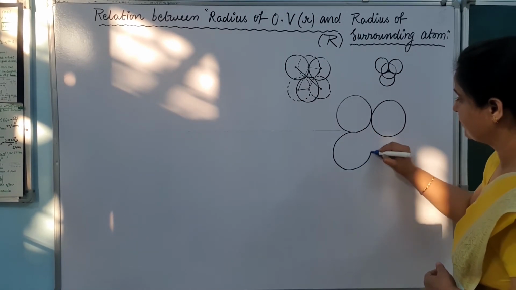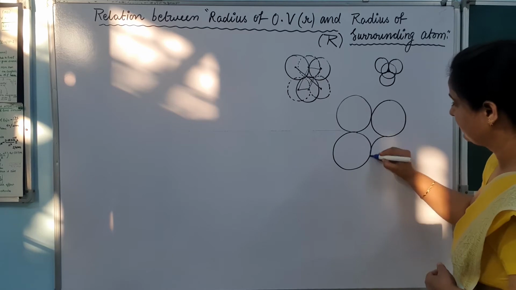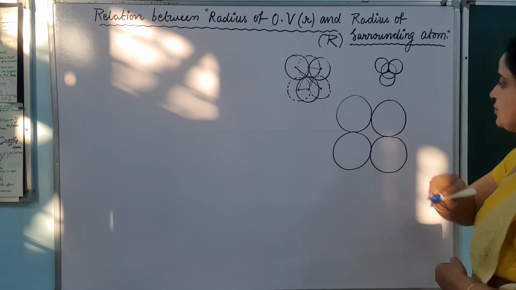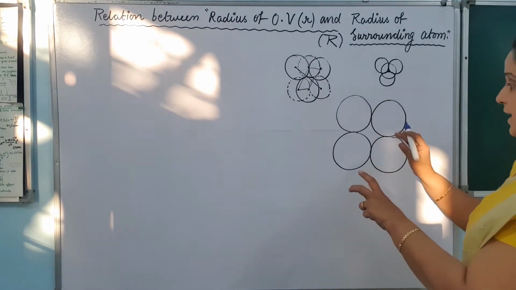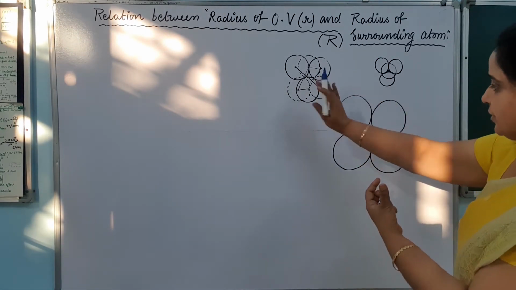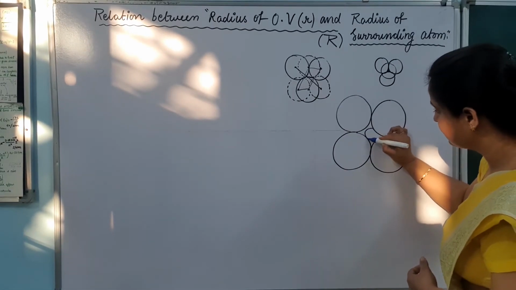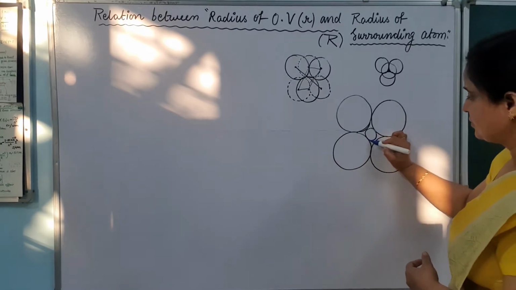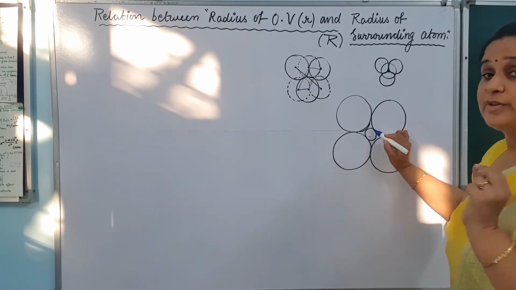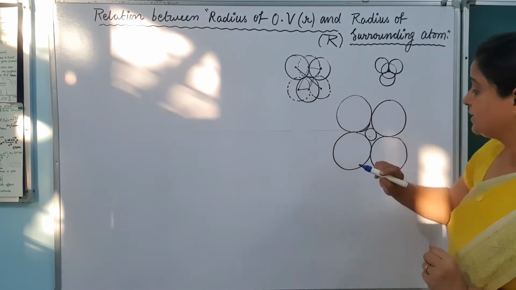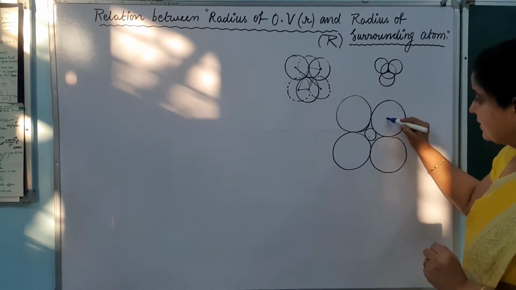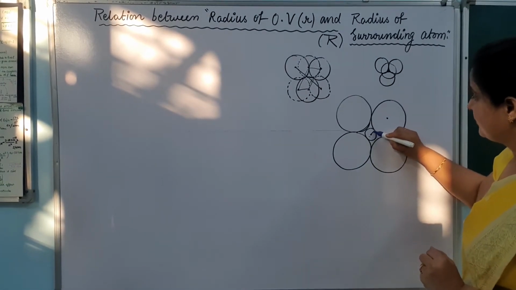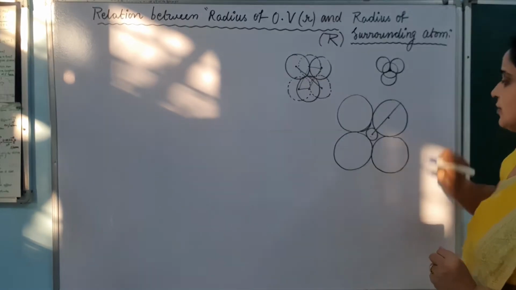So this way these four balls will come out. Can you see them? This is the idea behind it. We are going to make them in front of you, and then find this radius. This is the radius of the groove or the void, which is called the octahedral void, and this is the radius of the atom which is surrounding this octahedral void.